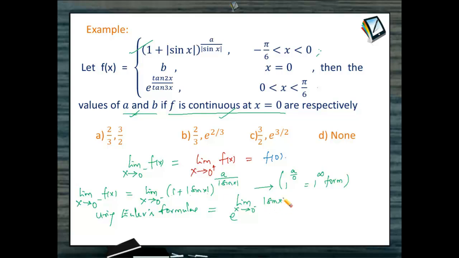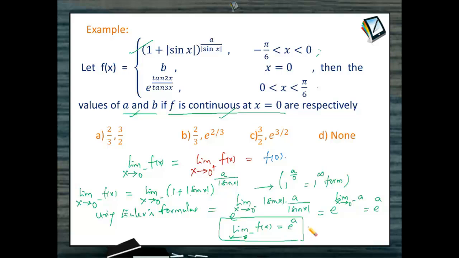Mod sin x into g of x, that is a by mod sin x, that is e to the power of limit x tends to 0 minus, mod sin x gets cancelled, leaving me with a as a constant number. So what is the limit? The limit is e power a. So what we did, we calculated limit x tends to 0 minus f of x, and the limit is coming to be e power a.